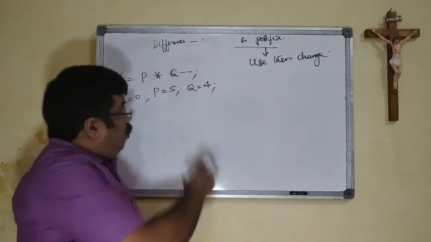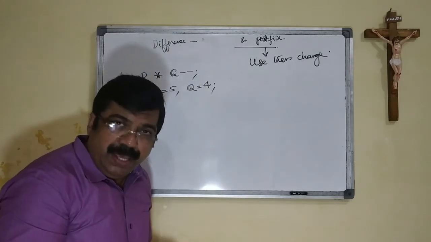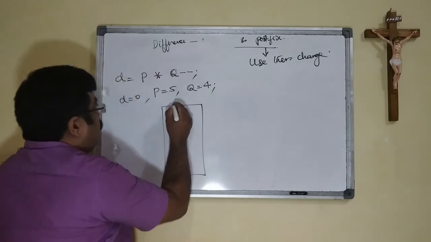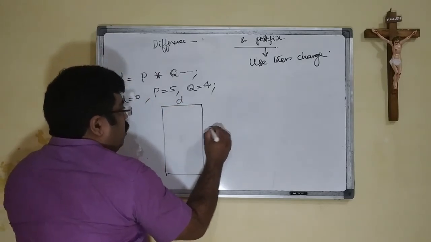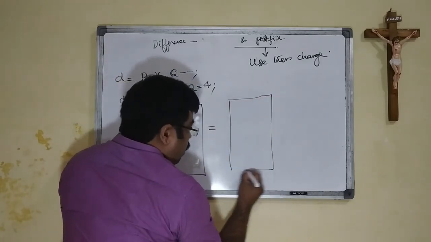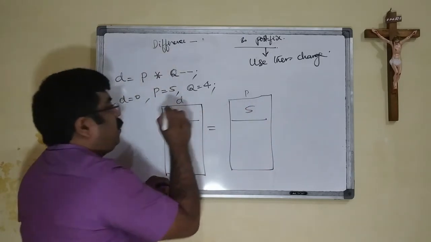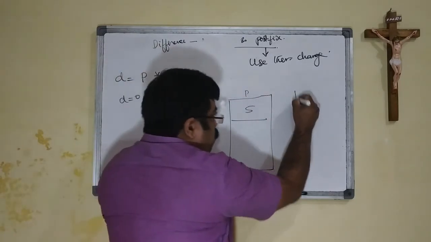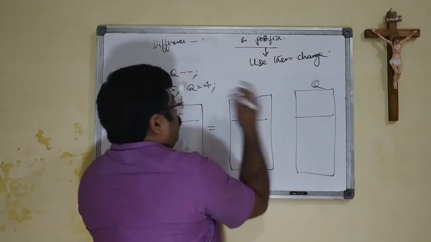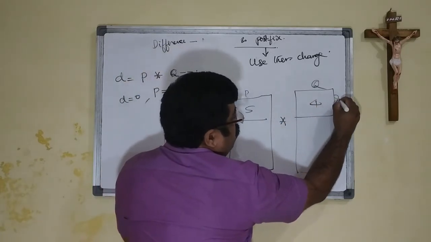Same principle of postfix: use then change. Make that table, where D is the variable storing the value, P was 5 initially, and Q is 4. These are the initial values.